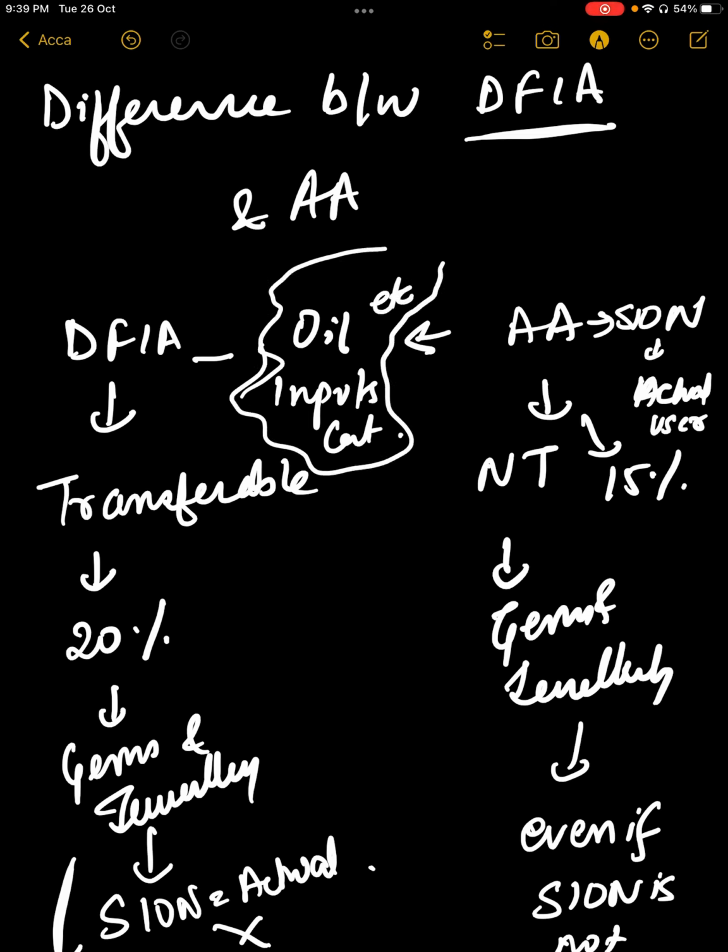So if a person is importing capital goods or buying new domestic capital machinery for export, then the duty on that import is exempt. How is it exempt?